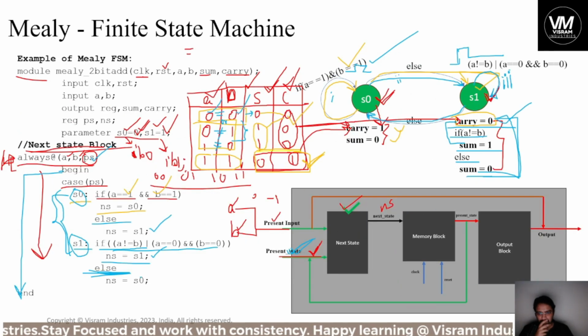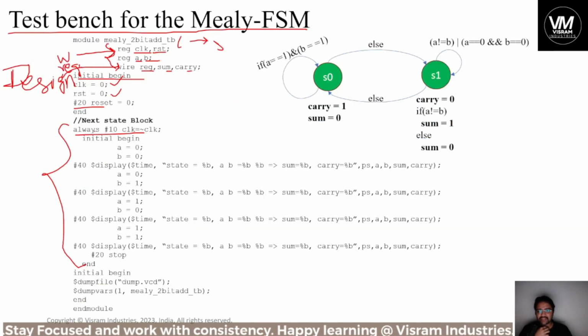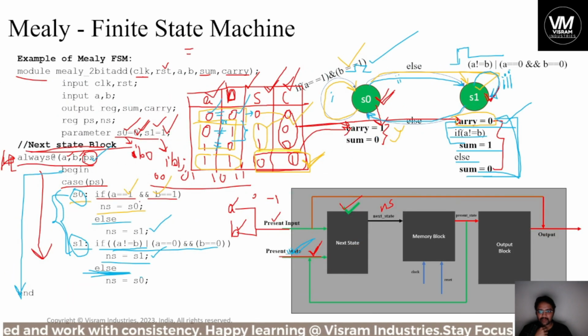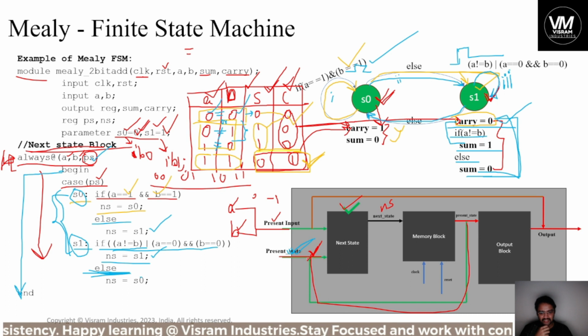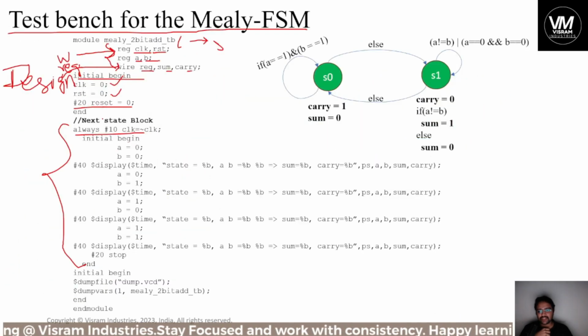In the same way, we are considering reset 0 for these purposes at the present state. So present state should work. To get that present state, here reset should be 0. Then only the test bench simulation works. Okay, after that, reset is equal to end it.